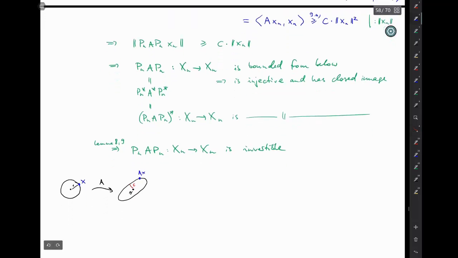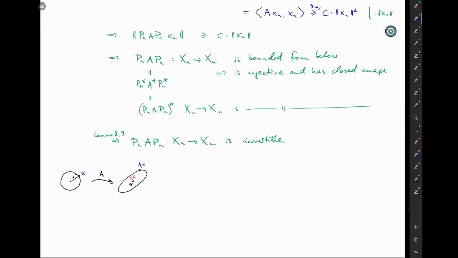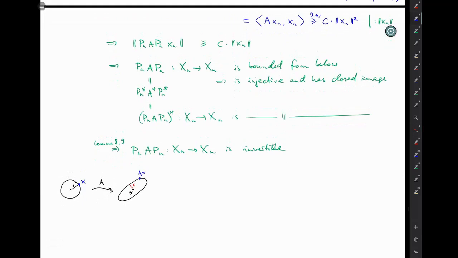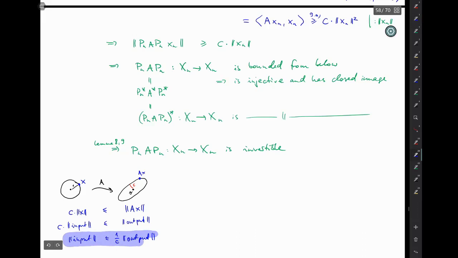It's not difficult to understand. Maybe it helps to draw this little diagram here. So the norm of the output is greater than or equal to little c times the norm of the input. And if you rearrange this into input less than or equal to 1 over c times output, you can see that this here is giving you a bound on the norm of the inverse operator, where you are exchanging the roles of input and output, right?